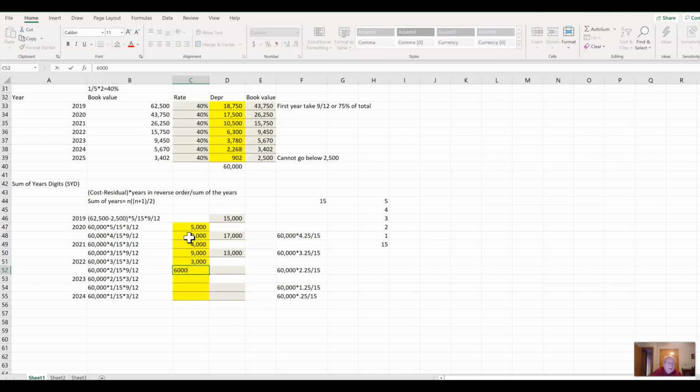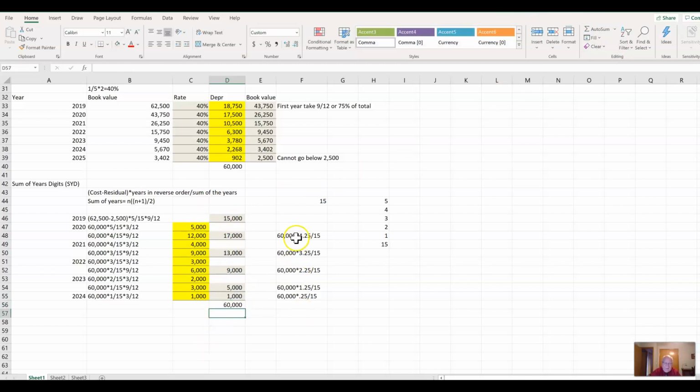And then the next year gives you the 6,000 for a total of 9,000. And then this will give you 2,000 and 3,000 for a total of 5,000. And then the last year is 1/15 times the 3/12, which just gives you $1,000. Okay, if you add these up, that should equal the 60,000.